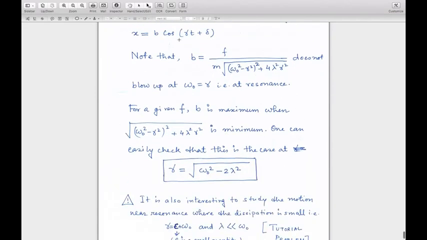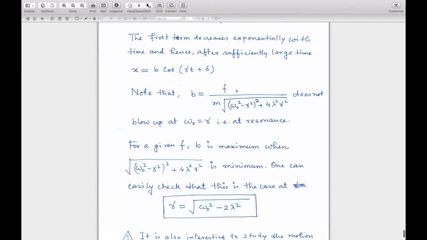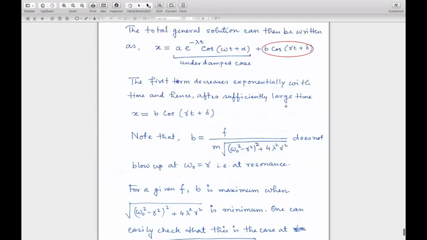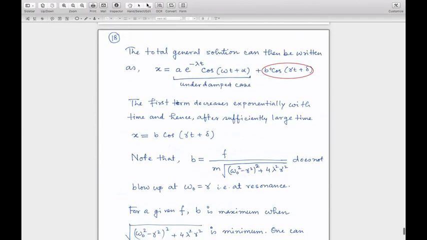Now note that here B is equal to f by m over root of (omega 0 square minus gamma square) whole square plus 4 lambda square gamma square, right? So B should be replaced by this term, and now you can see that when omega 0 is exactly equal to gamma, that is the resonance case for undamped forced oscillation.